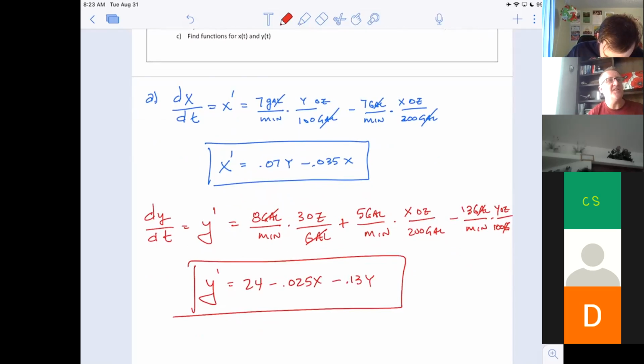So did you get those two equations? And either way, more importantly, do you agree? Are you feeling it?